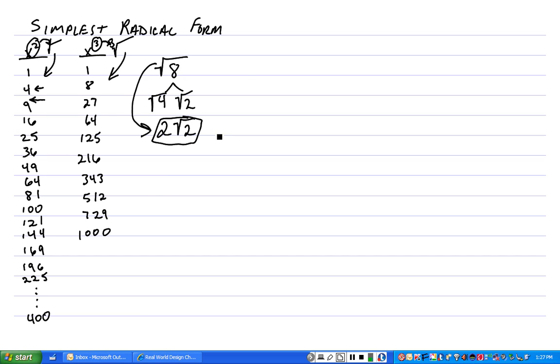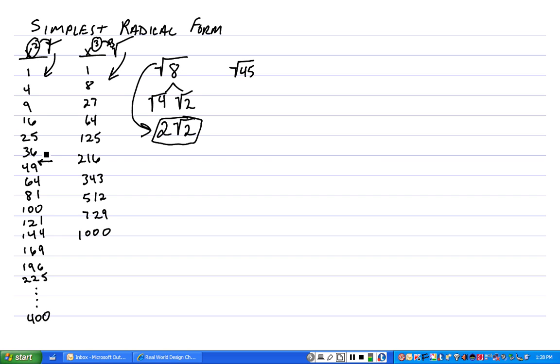Let's say we have the square root of 45. Now, we're looking at 45 and its square root. So again, I go to my perfect square list, and 45 fits right in here.